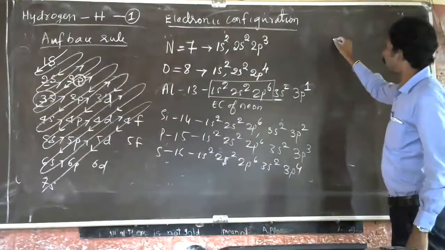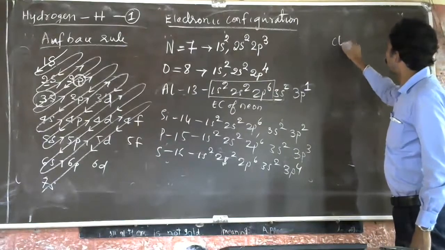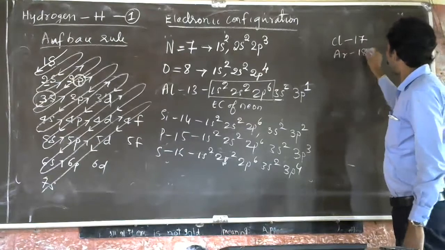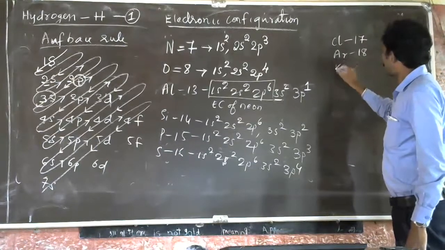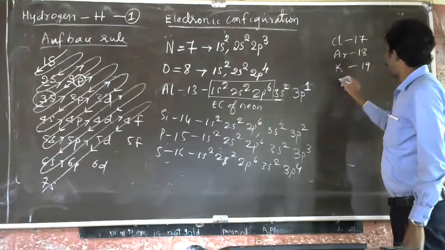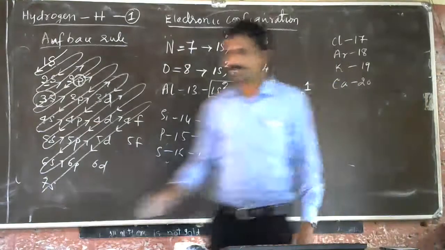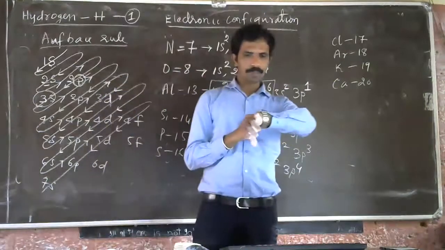After sulfur comes chlorine 17, argon 18, potassium 19, and calcium 20. Write the next 4 and display your answers.